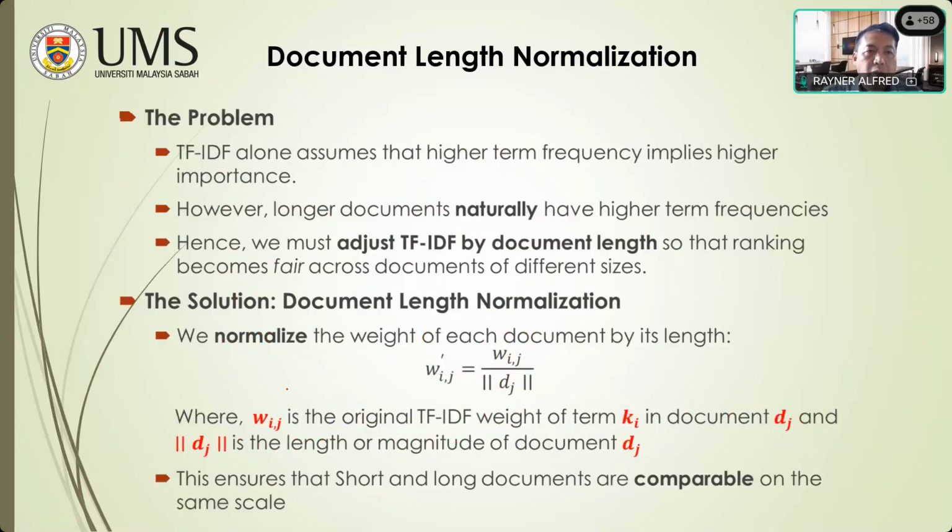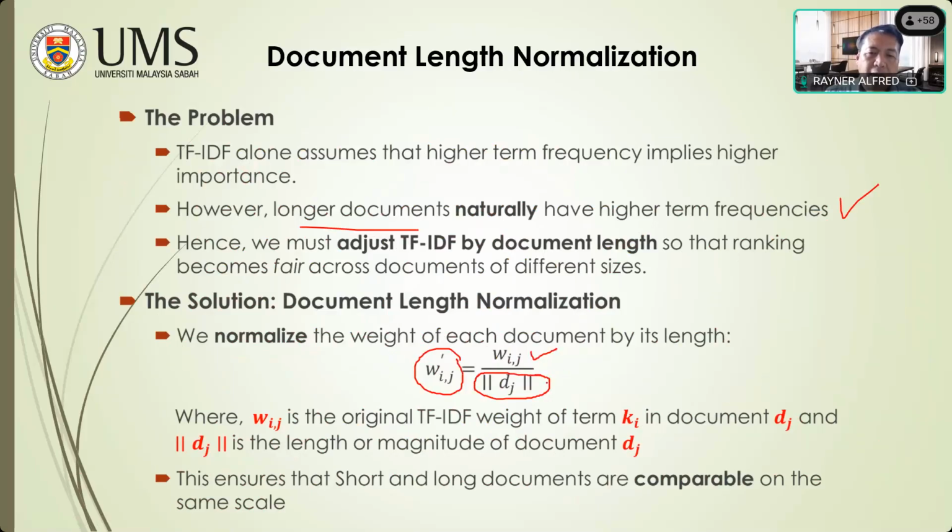Okay, so the problem that we want to solve is that longer documents naturally have higher term frequency. In order to have a fair or standard value, we want to normalize them. The solution is to divide by the length of the document. This is your initial weight, and this is the normalized weight.